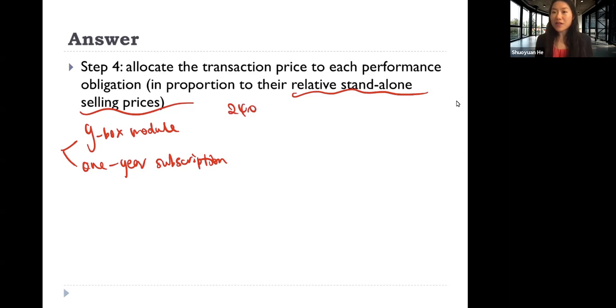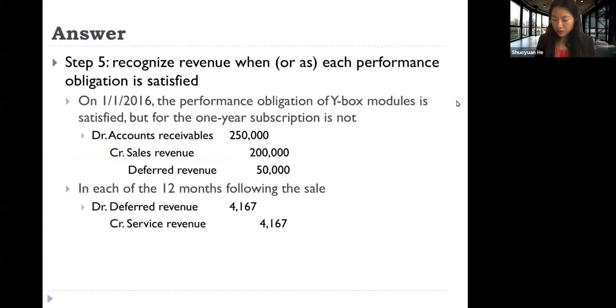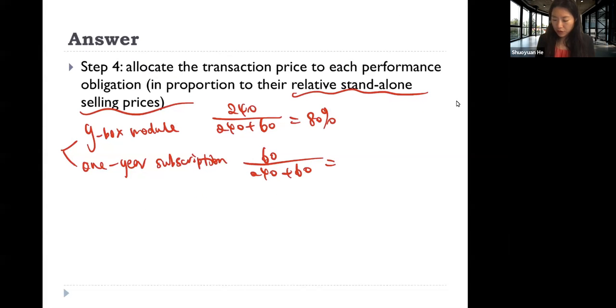The standard non-selling price for the 1 year subscription is 60. And then this 240 out of the total standard non-selling price, that's 80%. 60 out of the total standard non-selling price is 20%.